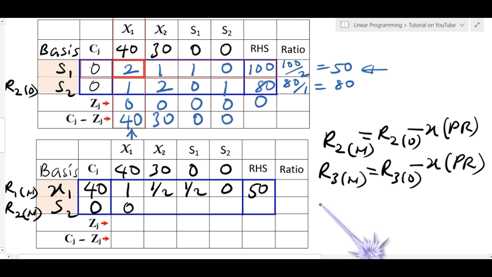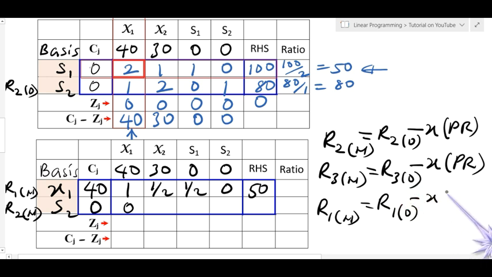Likewise, R1 new is equal to R1 old minus x times the pivot row. Now in this case it may not be obvious because the element here is 1. So to get the value of 0 here, you go to the corresponding position in the old table, that would be 1.